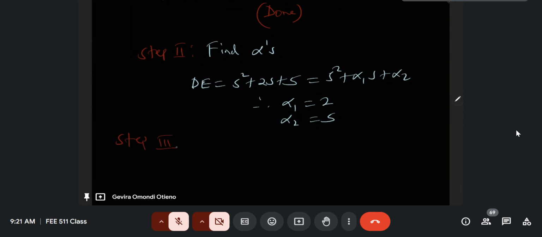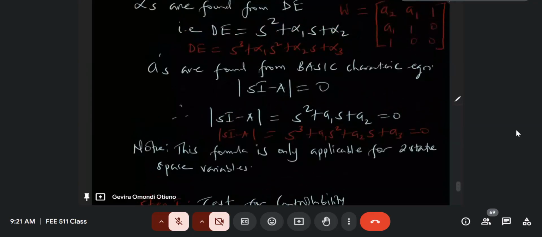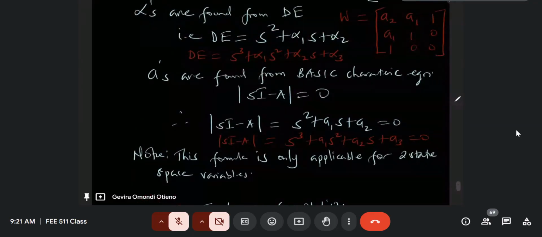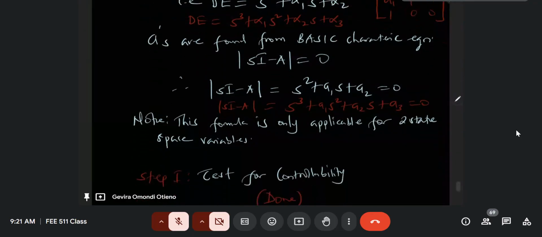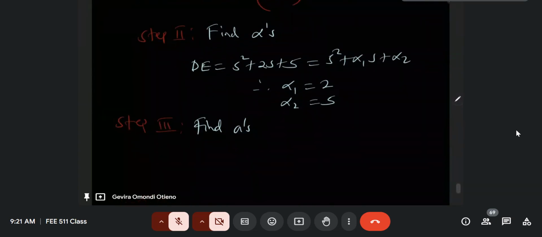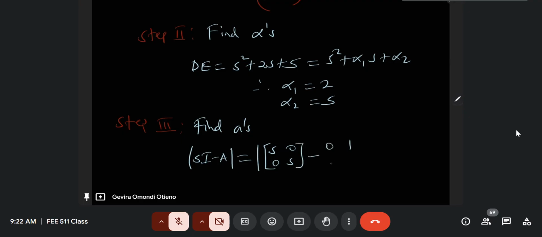Step number 3 is now we find the A's. We've already found the alphas. How do we obtain the A's? It's indicated here: the A's are obtained from the basic characteristic equation. What's our basic characteristic equation? It's the determinant of SI minus A. That means we get the determinant of S, 0, 0, S minus A, where A was 0, 1, minus 2, minus 3.